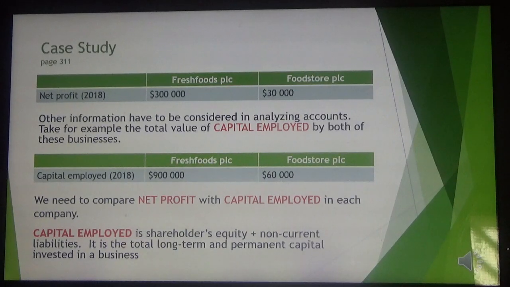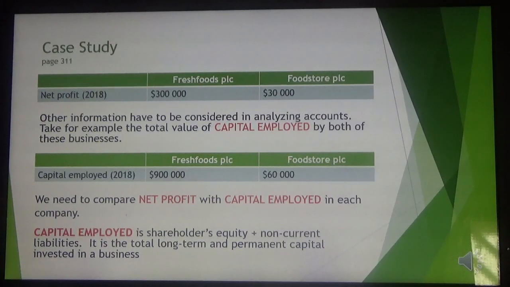Now, for better understanding, you will find in your textbook on page 311 a case study, and let us consider those results for two food retailing companies. You will see that we will be referring to Fresh Foods Public Limited Company and Food Store PLC as well.